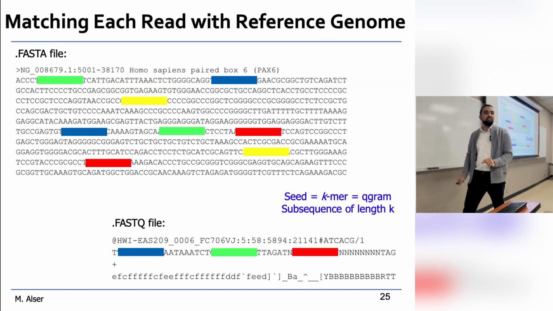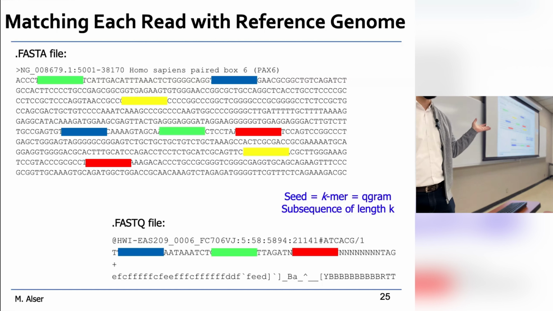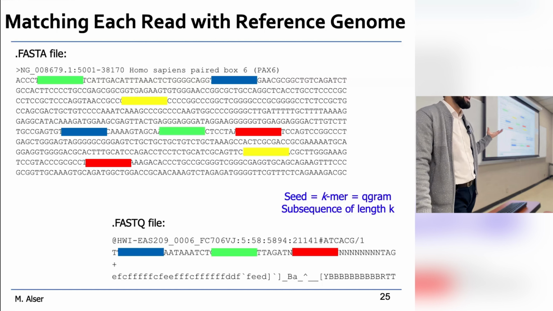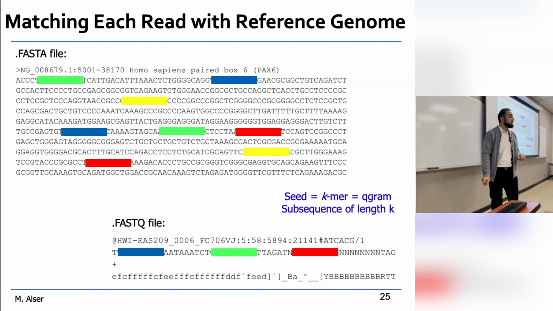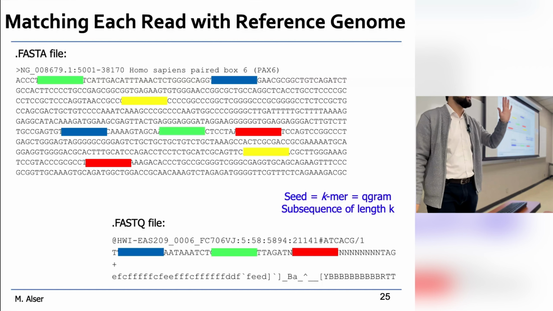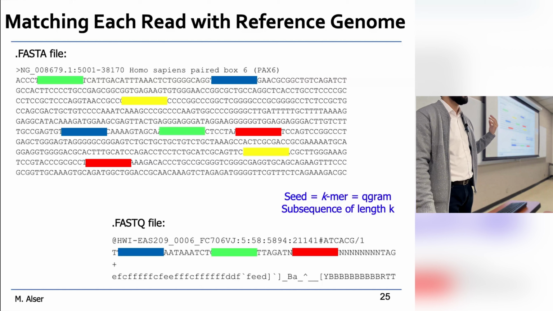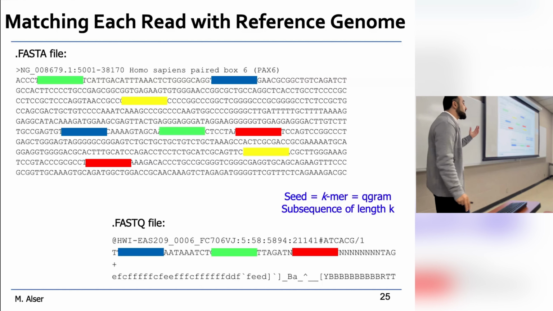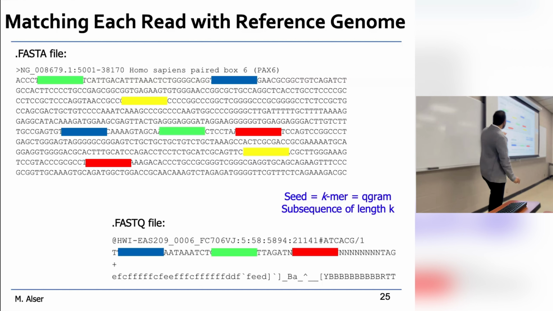If you are picking 5 character long pieces, it means k equals 5, and then we replace the k with that number. So if you are using 5 characters in every piece, the term becomes 5-mer. Likewise, if you use 6 characters, you call it 6-mer, 7-mer, 3-mer, and so on, okay?